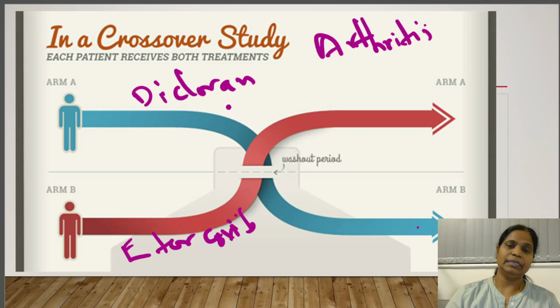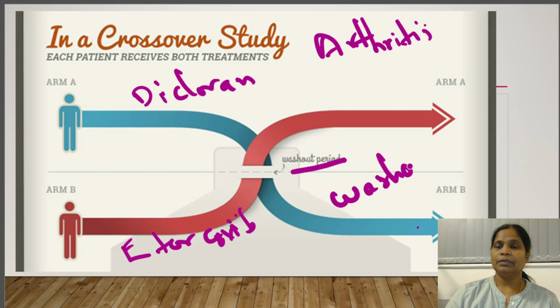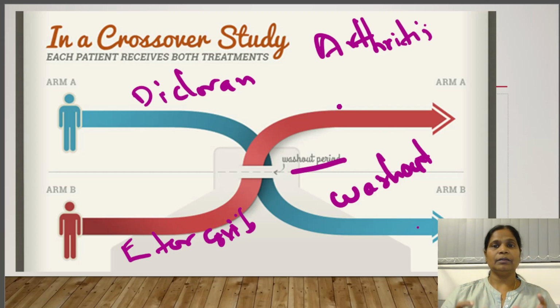After being treated, they are compared and given some time called the washout period. What happens in this washout period? It's a period taken for a person to move on to the next treatment.